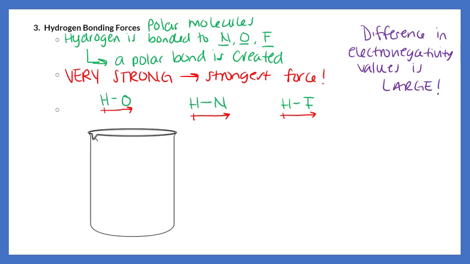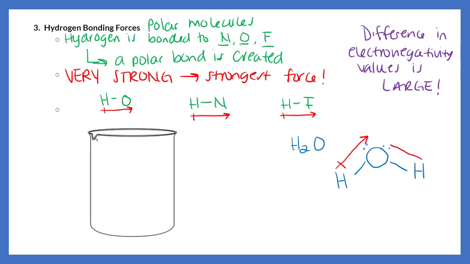All right, and so let's think about water. This is what I find to be really interesting. So water is H2O. We have our oxygen bonded to our hydrogens. Oxygen is going to be pulling more strongly on the electrons because it is more electronegative.